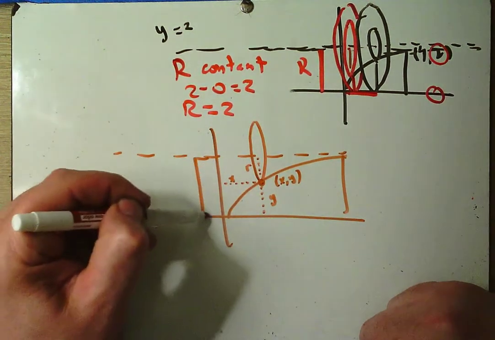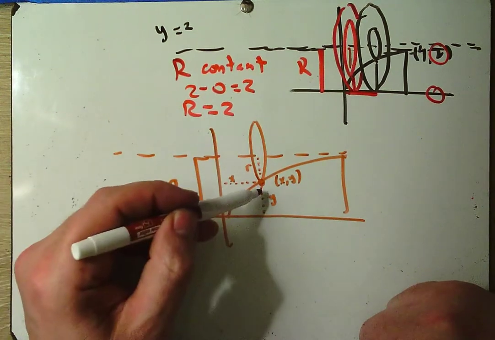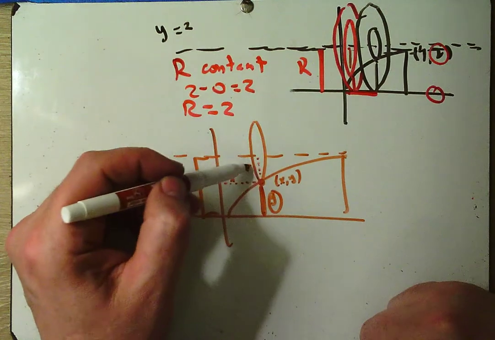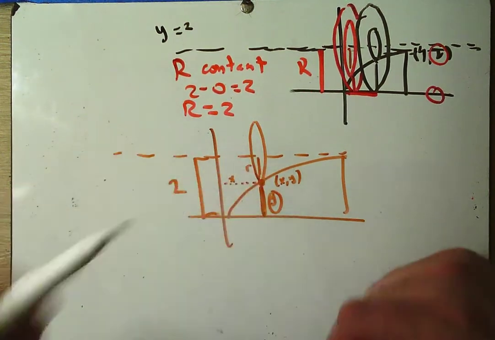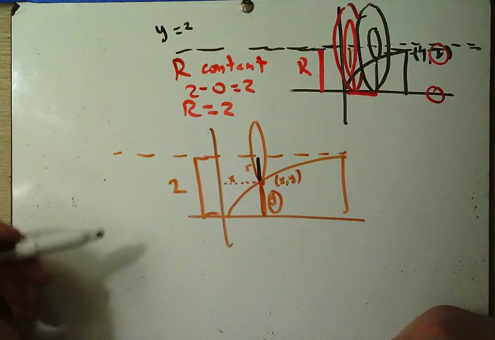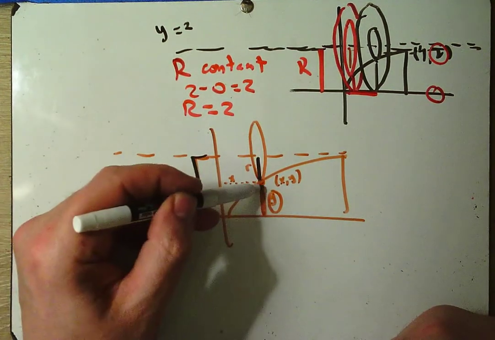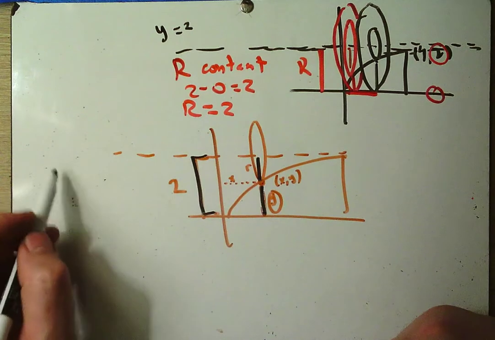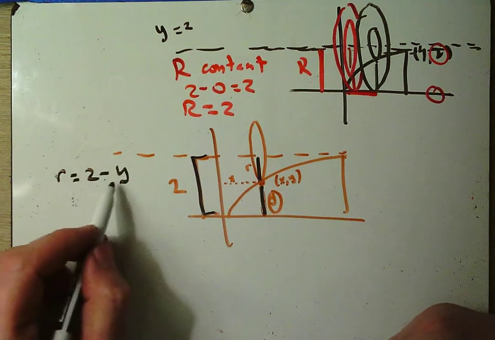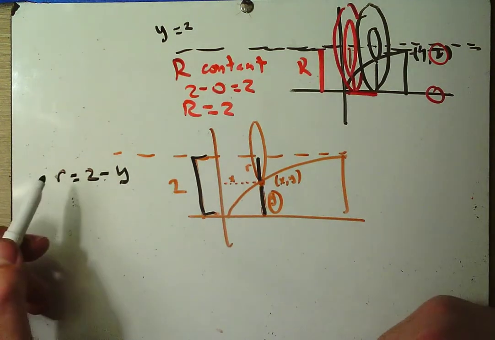Well, we know that this distance is 2, and we know that this distance is y. So radius, this distance, let's switch colors, this distance is 2 minus y. So little r equals 2 minus y. And our y value, well, that's just y.